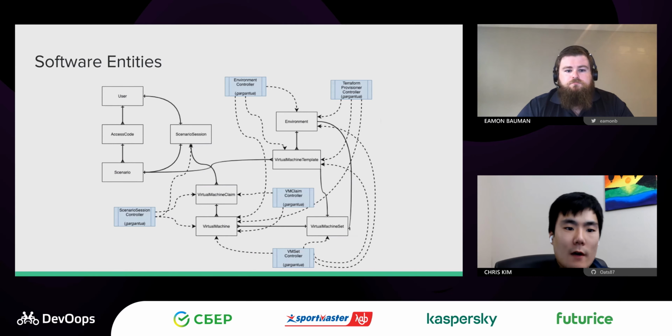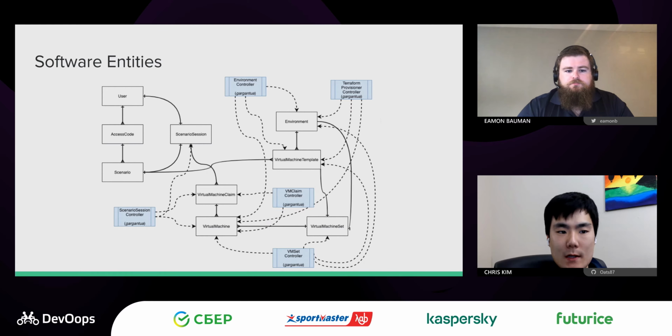If we look at the software entities that we have around HobbyFarm, we get this giant web, and the web is quite overwhelming when you look at it at first. But most of the names of the objects sort of explain themselves. If we start over here at the top left, we can see that we have most of the front end side.